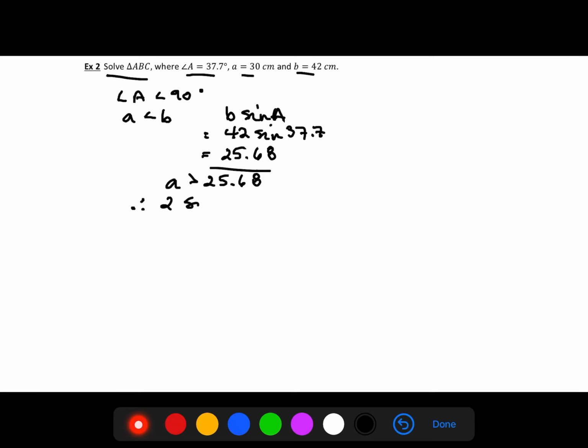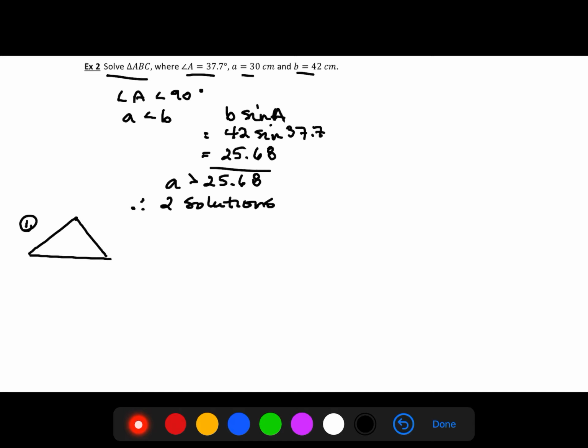We'll notice that a is greater than 25.68, which means that there's going to be two solutions. One that creates our acute triangle and one that has our obtuse angle.